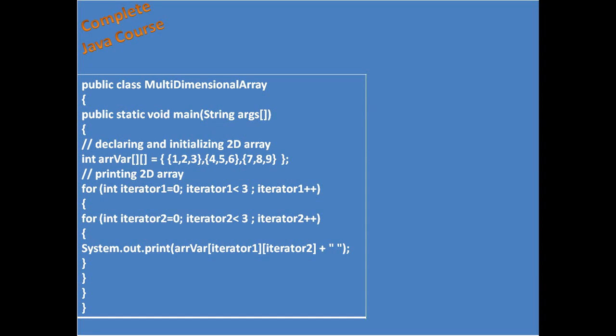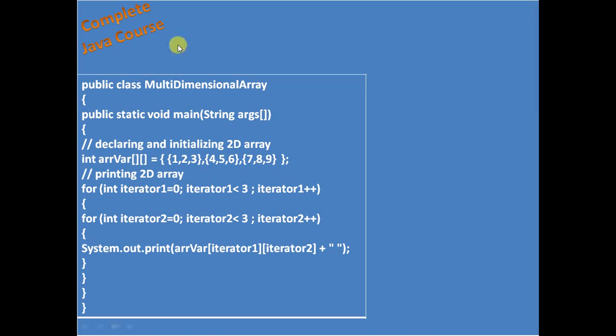So now we take an example of a multi-dimensional array. Here we create a multi-dimensional array class, declaring and initializing a 2D array. So here we define the 2D array, and printing the elements of the 2D array. For printing the 2D array, you need two for loops.